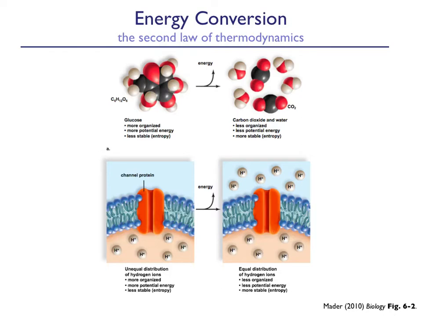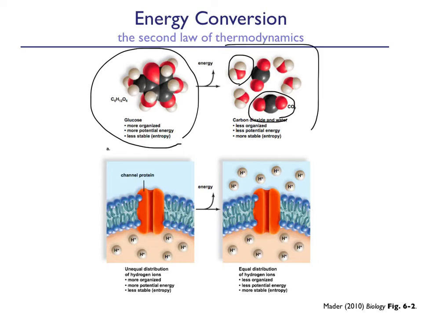So let me try to explain this. Here we have glucose. Glucose is a very organized molecule. There's a lot of energy stored, potential energy stored in a glucose molecule, and it's pretty stable. There's not very much entropy. All right? Glucose will be broken down into carbon dioxide and water through the process of cellular respiration. This is much less organized.